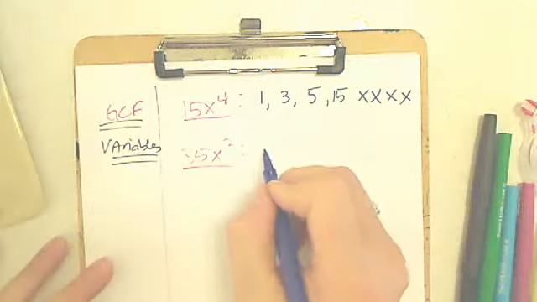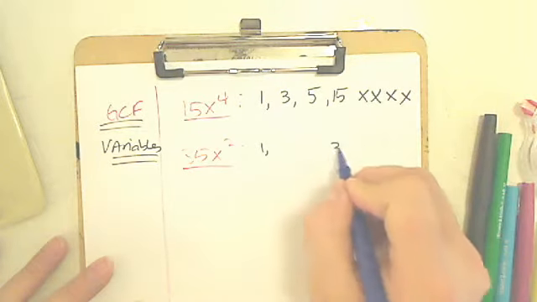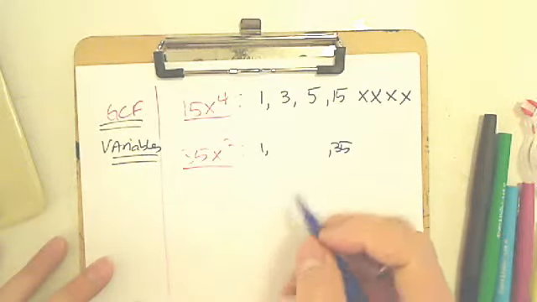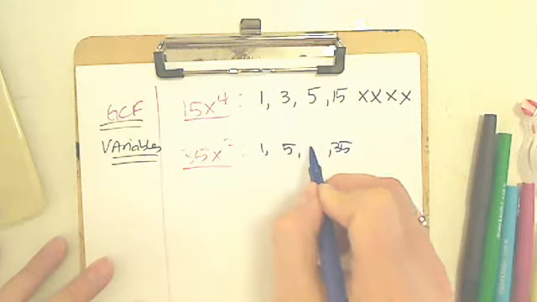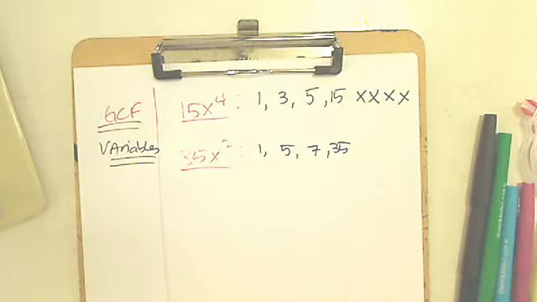Starting with 1. 5 and 7. Okay? So 35 is 1, 5, 7, 35. x squared, dissolve it down, x and x. You will be doing this in your head. I promise. It will be easy.